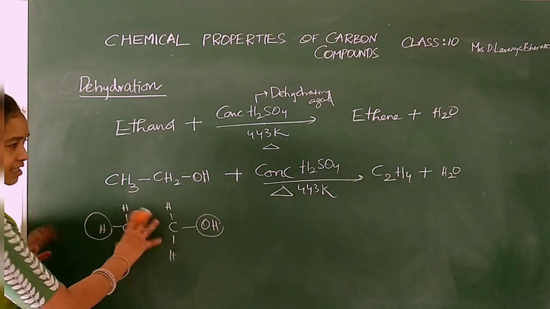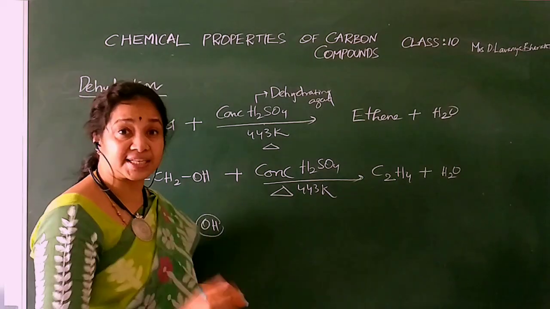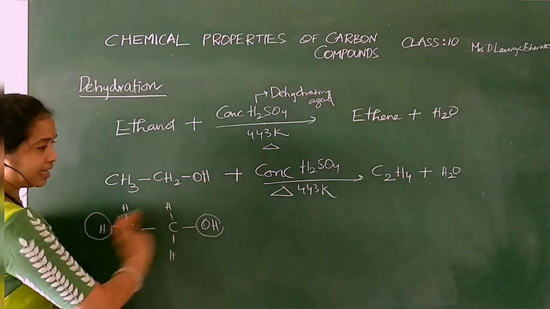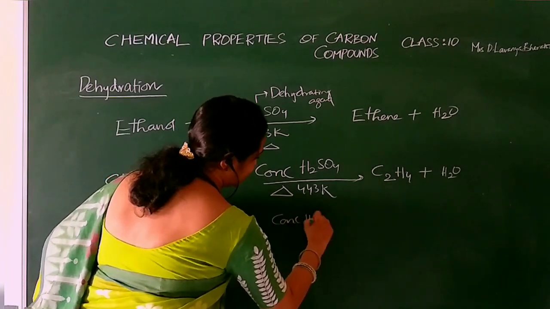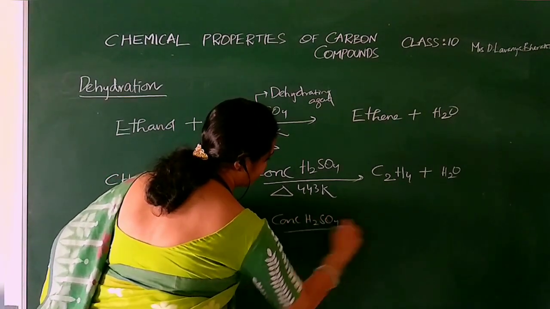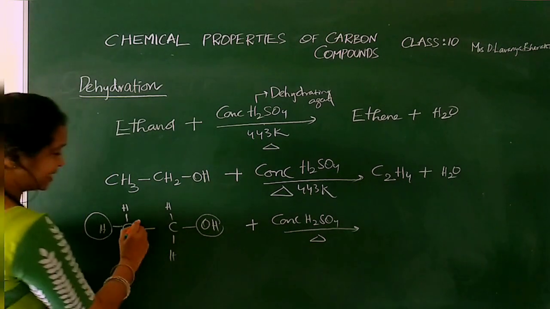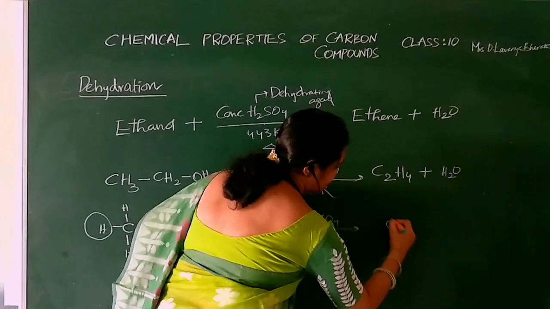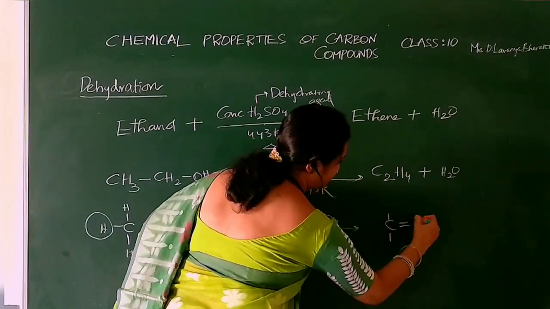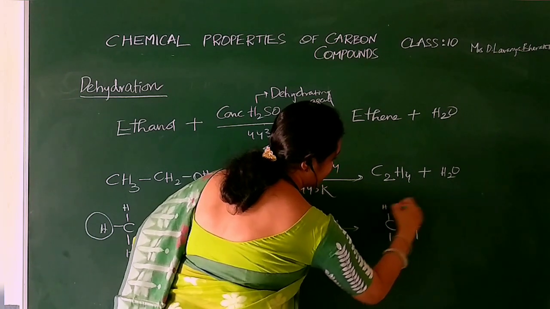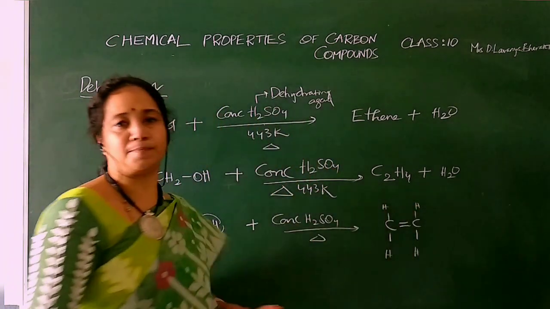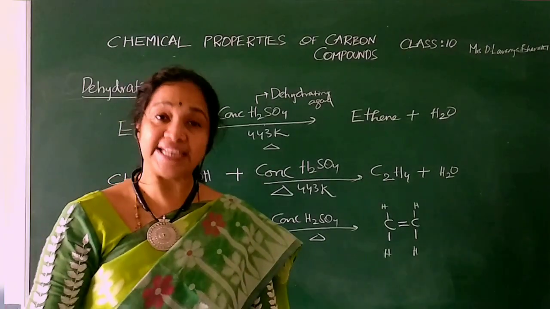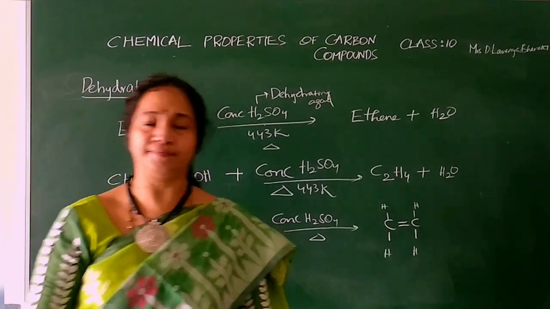Now a saturated compound is converted to an unsaturated hydrocarbon by elimination of water molecule. Next again concentrated H2SO4. So here a double bond is formed between CH2 and CH2. This is what we call ethene. So this is an important reaction which we call dehydration of ethanol.